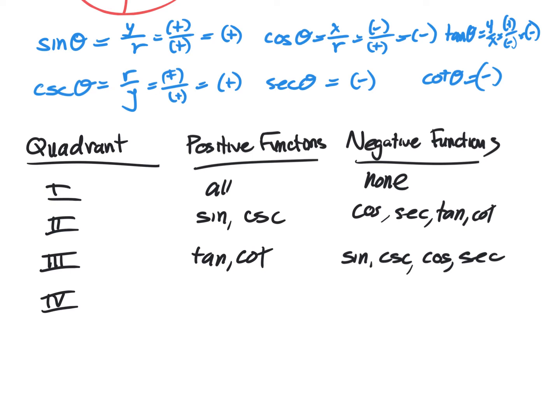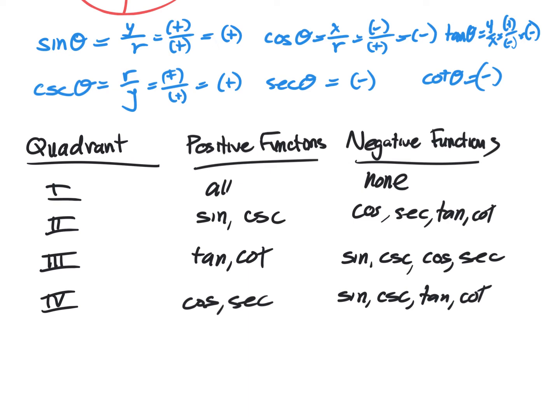And then finally in quadrant 4, x is positive and y is negative. And so we have cosine and secant would be positive, and then the other functions, sine, cosecant, tangent, and cotangent are all going to be negative functions.